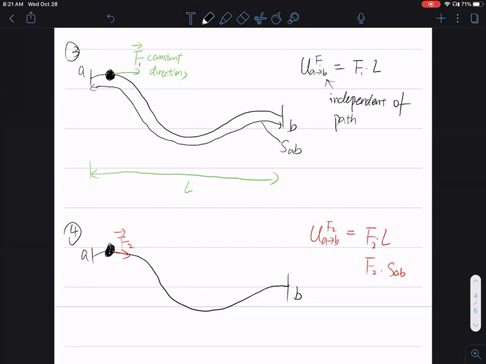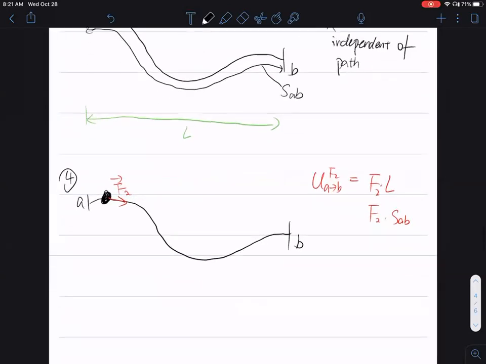Doesn't matter how I move it in between, because that gravitational force is pointing in a constant direction, right? It never changes direction. It's very similar to this case. In this case, the force is pointing in a constant direction, and the work done by that force doesn't depend on the path, only on the starting point and end point.